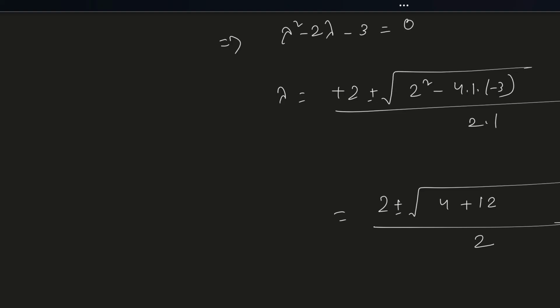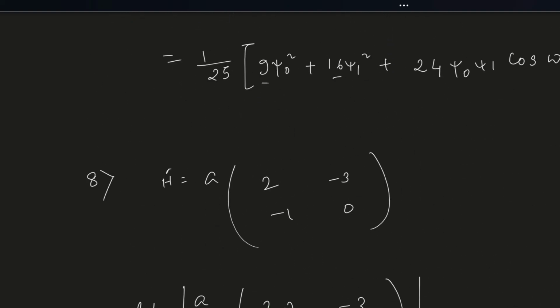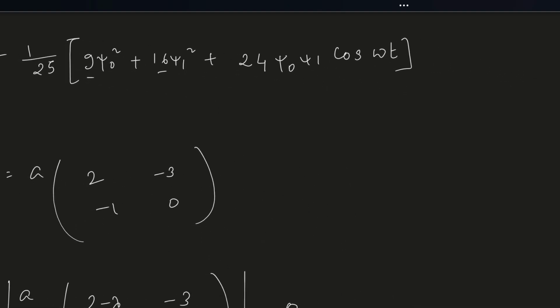So these are the eigenvalues for this Hamiltonian operator. And what are the eigenvectors? To get the eigenvectors, you know the form is H psi x equal to lambda psi x, where lambda has two values, 3 and minus 1.